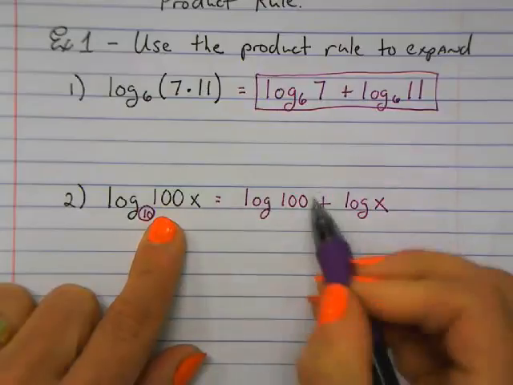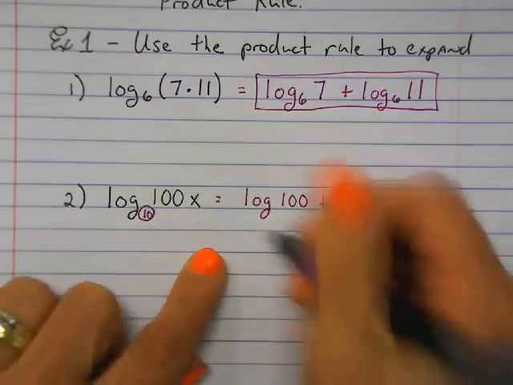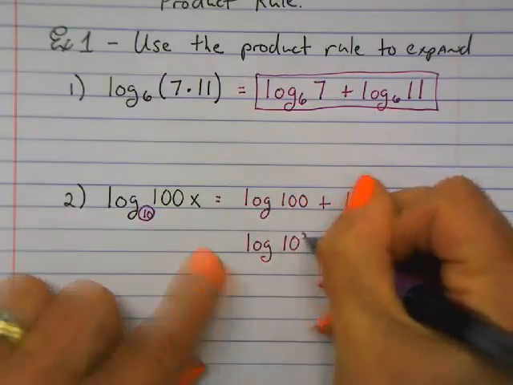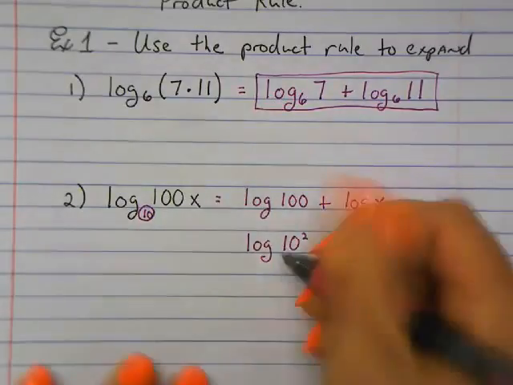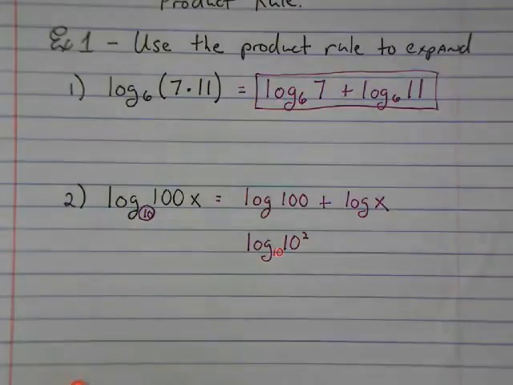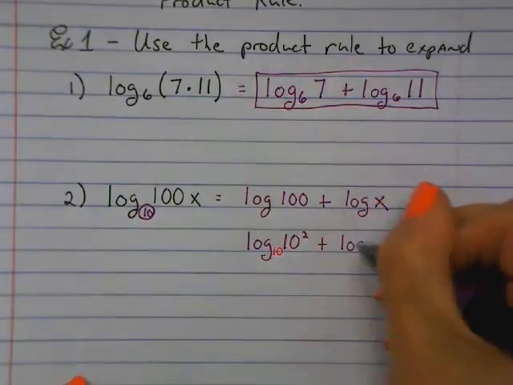Now, can't I write 100 as a base 10? So can I write this as log of 10 squared? Now, if you need to put in that little 10 just so that you can remind yourself it's there, there's no problem with that. Just know it's not going to be there in the problems that I give you. Alright, plus log of x.